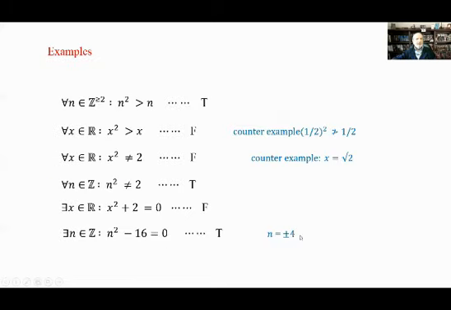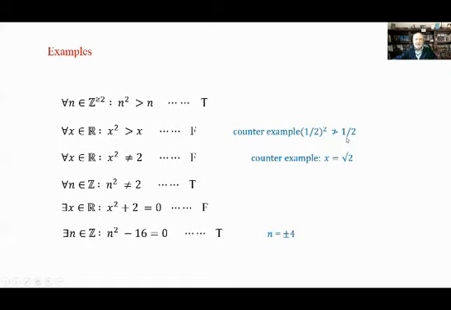Here are a few examples. For any n in the set of integers greater than or equal to 2, n squared is greater than n, that is true. For any x in R, x squared greater than x, that's false. This is a counterexample: you take 1/2, when you square 1/2, you get 1/4.